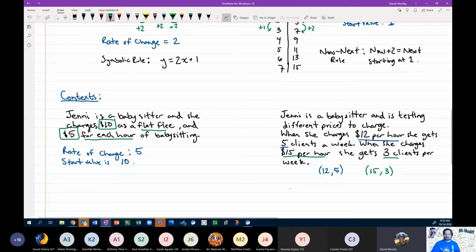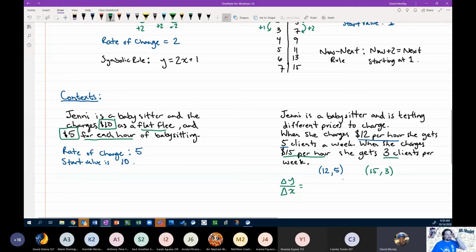So then we can use the 2 points to find our rate of change, and then we can do some extra math to find our y-intercept. Right, so for the rate of change, we need our change in y divided by change in x.